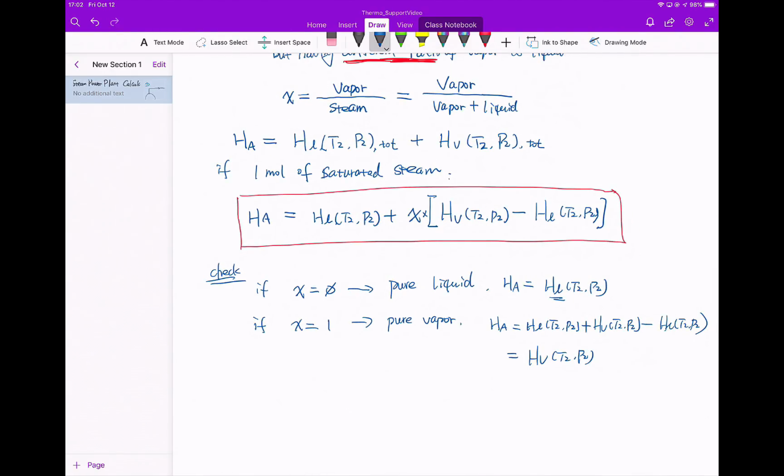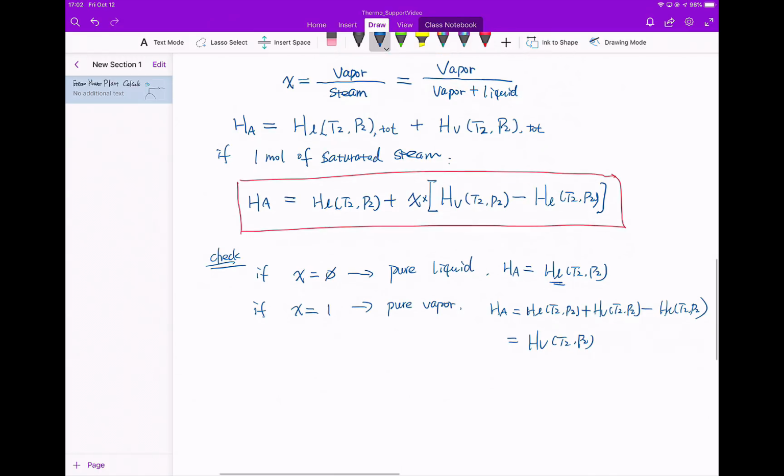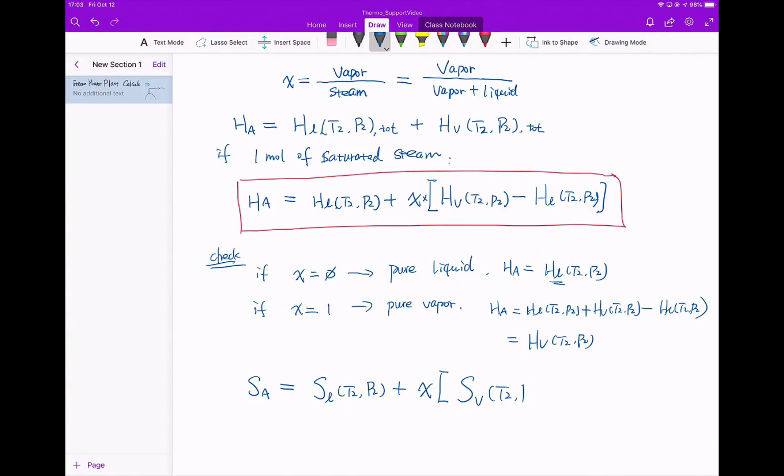And of course we can have the other quite useful equation, which is the entropy calculation. SA equals S of liquid at that temperature pressure condition plus x times the entropy of the vapor at that temperature pressure condition minus S of the liquid at T2 P2.